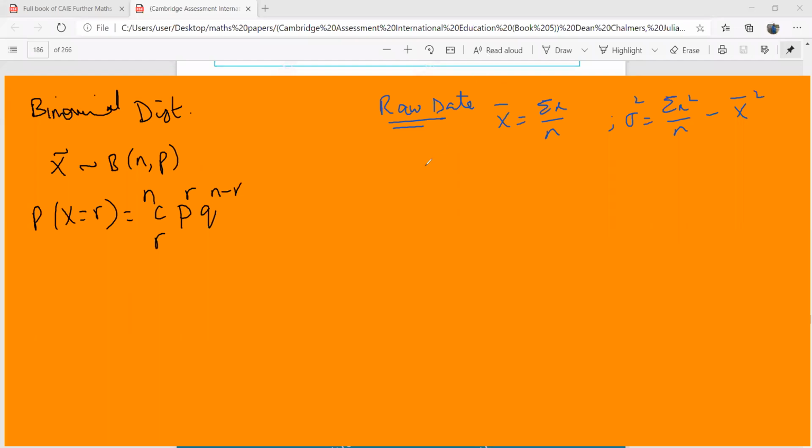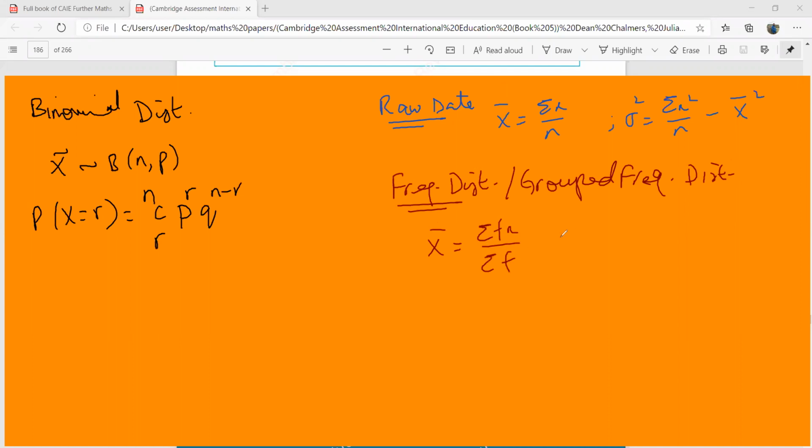Then you studied the frequency distribution, where the mean was sigma fx over sigma f, and the variance was sigma fx squared over sigma f minus mean squared.